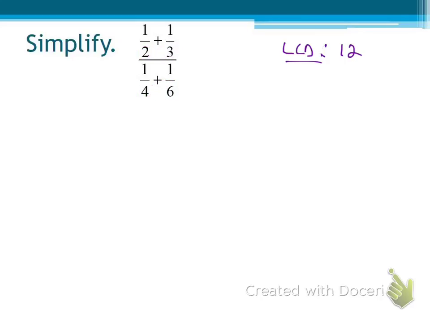Right? So now I'm going to multiply by 12. And then diagonally simplify. So this is 6, 4, 3, and 2.